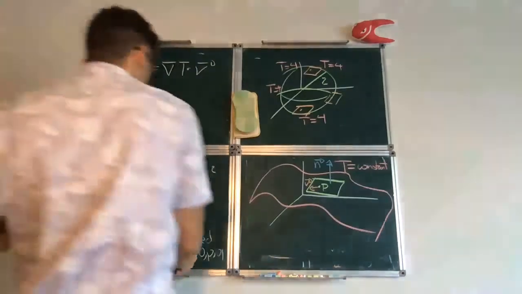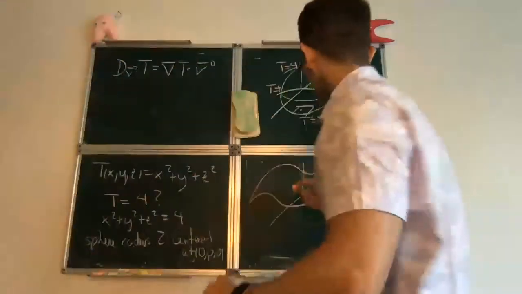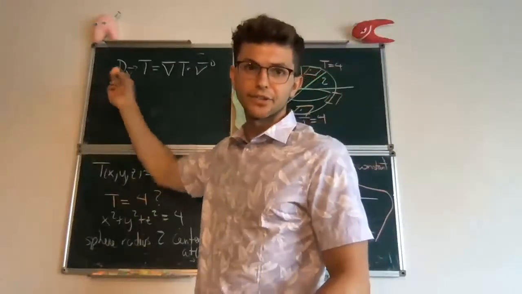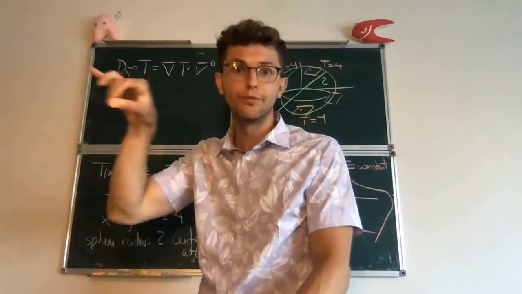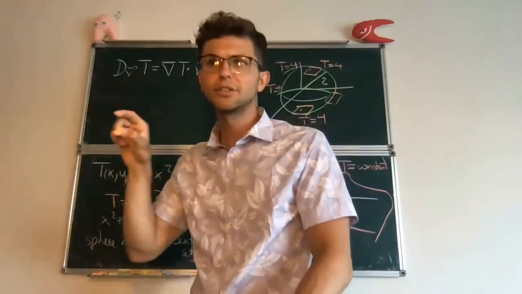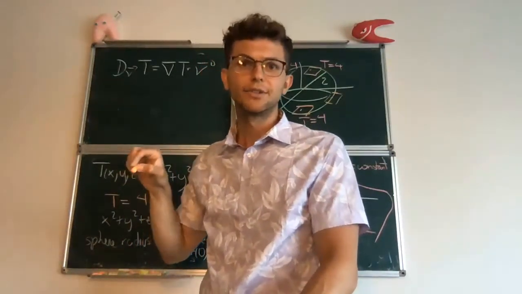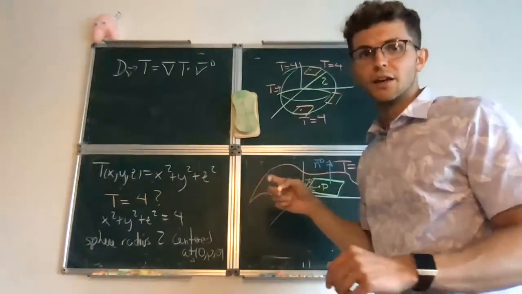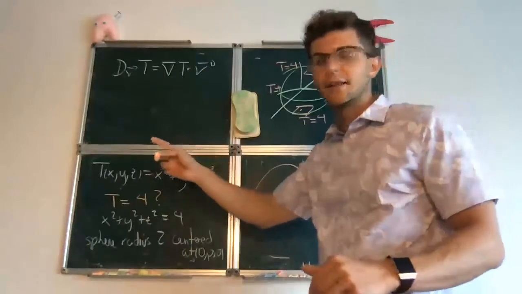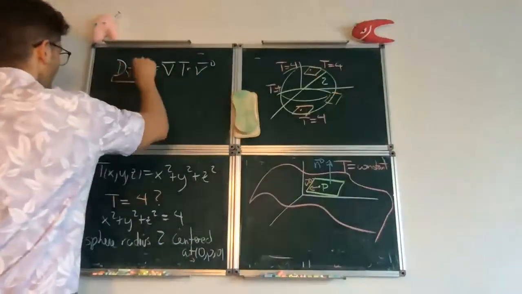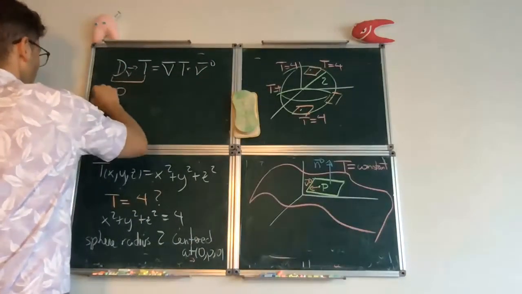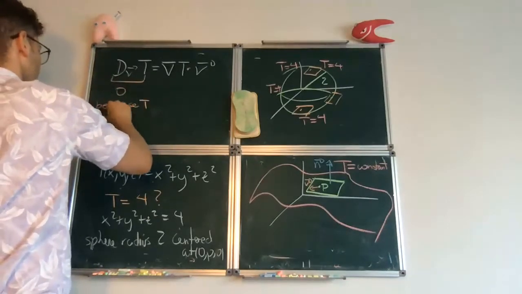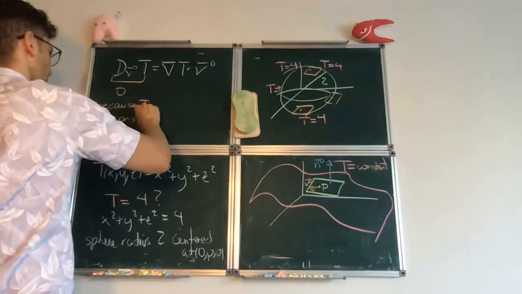But the whole point of this being an isothermal surface is that this should be the instantaneous rate of change that you measure in temperature as you move in that direction. But that direction is a direction on the surface. So because this consists of points with the same value for T, you cannot measure any change in T. So this should be 0 because T is constant on the surface.